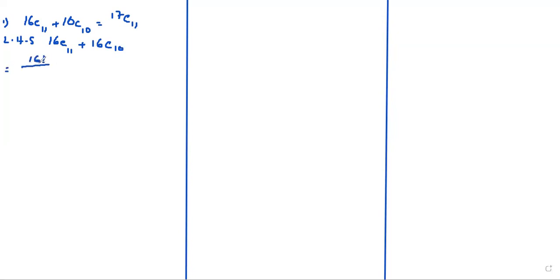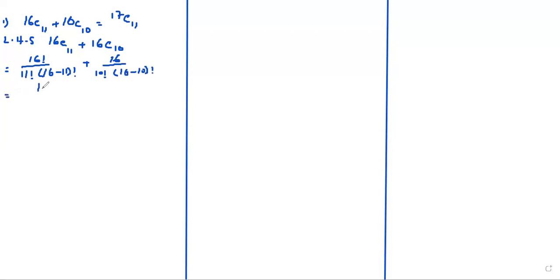16 factorial divided by 11 factorial and 16 minus 11 factorial, plus 16 factorial divided by 10 factorial and 16 minus 10 factorial.